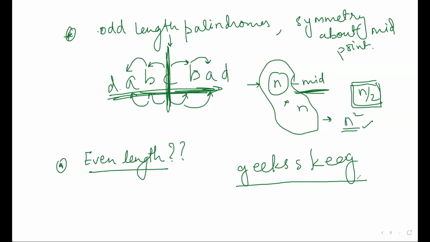So this is an even length palindrome. This is one midpoint, this is the other midpoint. I'll write left midpoint, right midpoint. So how will you find this?